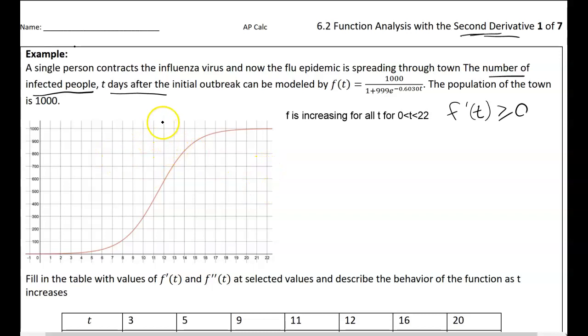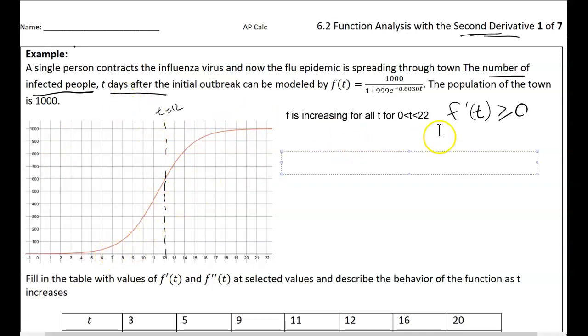And what I notice here is at about t equals 12, the graph starts increasing more slowly, right? So as we see, one person gets infected and it starts to spread quite quickly, right? Until this point at which it starts to level off. So that's the property of this graph that we're interested in here today.